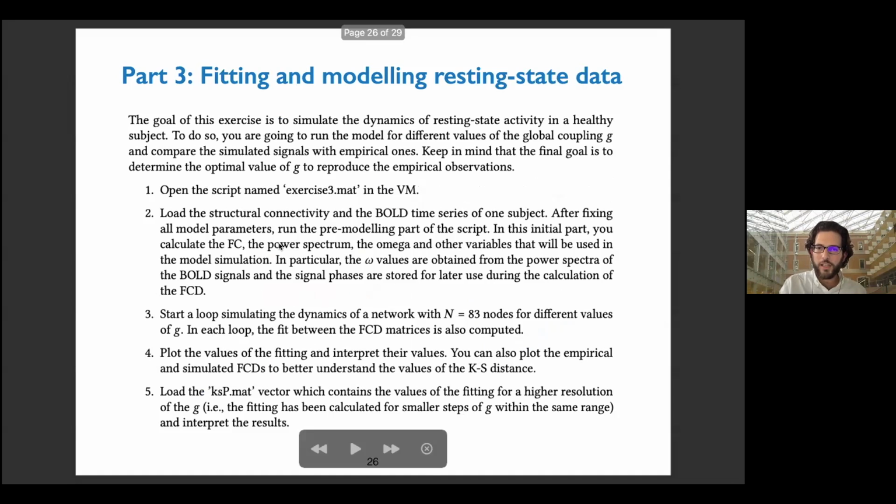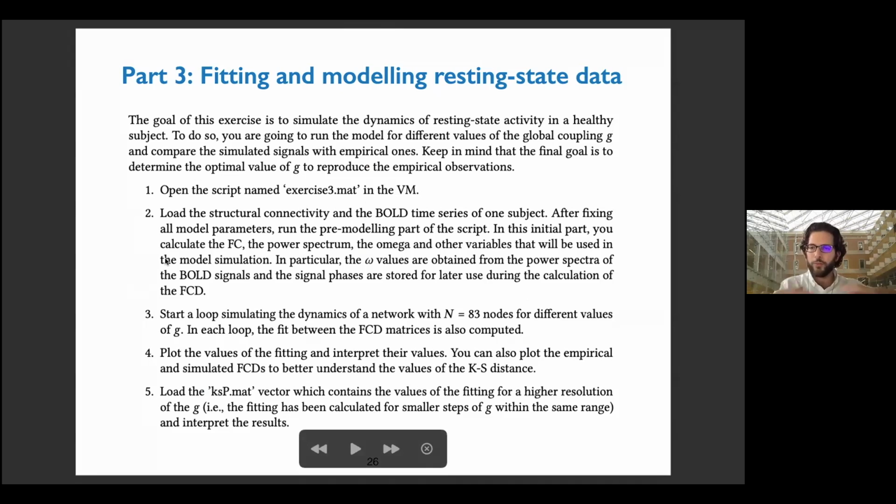So in this exercise, what we are going to play with is real data. So you can open the script named exercise 3. We have the structural connectivity and the BOLD time series of one subject that are loaded in the MATLAB file. Then we fix all model parameters and run the modeling part of the script. And here we compute the functional connectivity, the power spectrum.